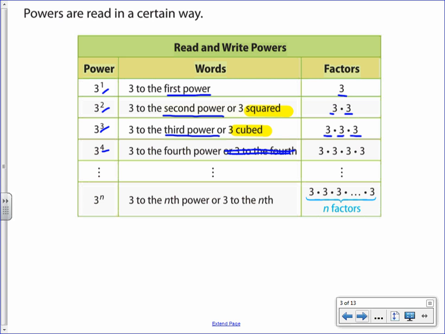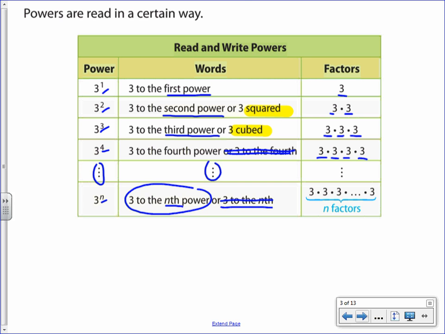The exponent is 4, so there should be 4 factors, and indeed there are. Last one they give us, this is all the numbers in between, on and on and on. I have 3 to the n power, 3 to the nth power, or 3 to the nth. Again, that's not my preference. This is my preference right here, 3 to the nth power.